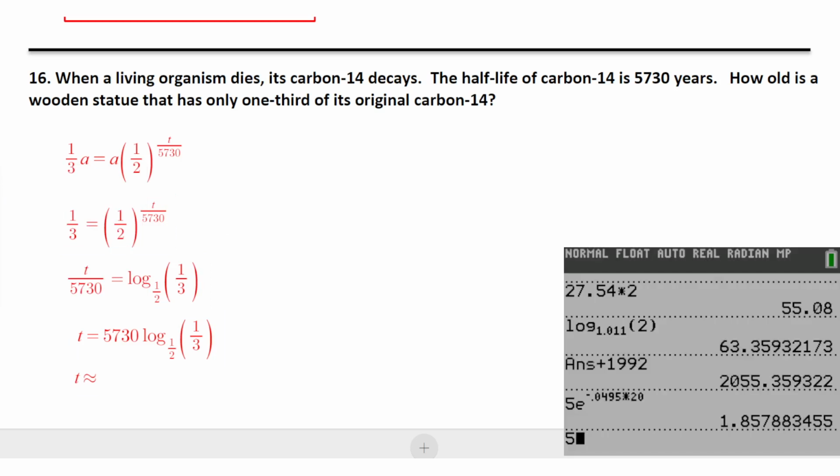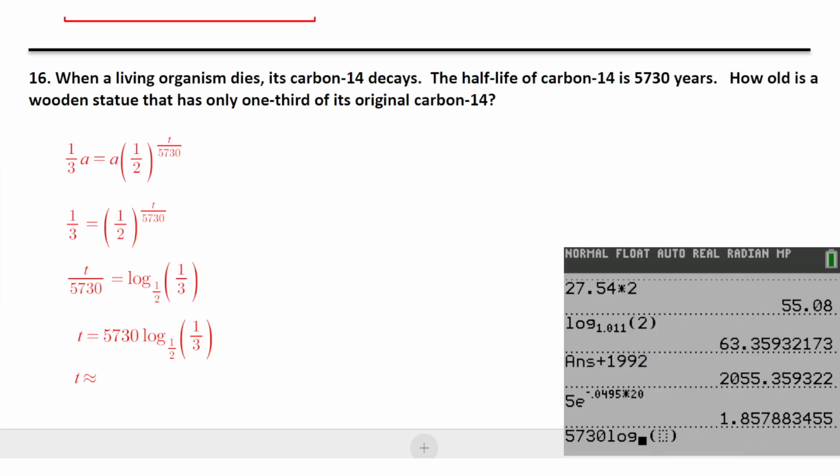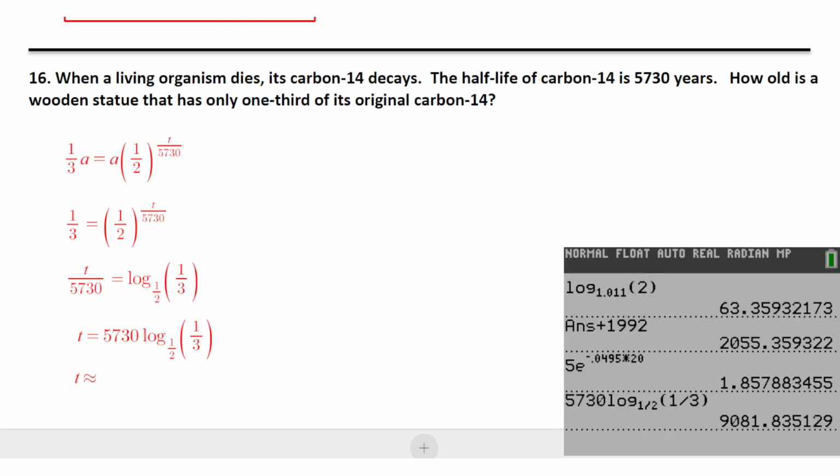We have 5,730 times log base 1/2 of 1/3. 9,081.835 years.